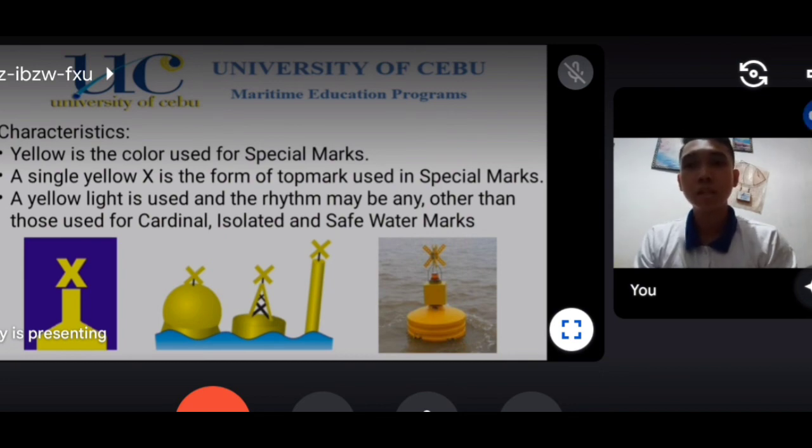A yellow light is used and the rhythm may be any other than those used for cardinal, isolated, and safe water marks. So special marks, compared to other marks, do not follow a specific rhythm as long as they utilize a yellow flashing light.